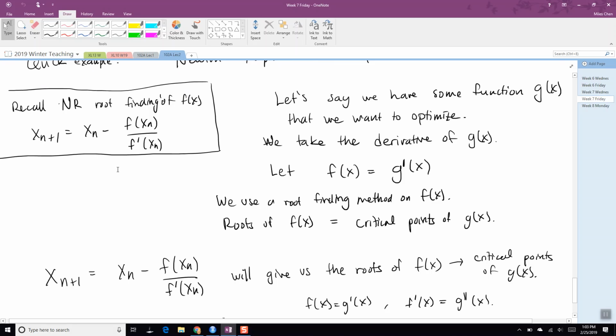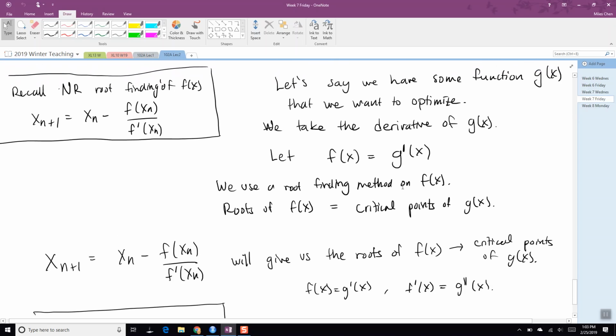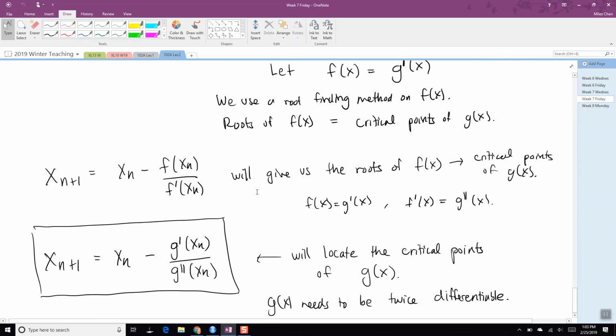If f of x is equal to g prime of x, we could rewrite the whole thing and subtract off g prime divided by g double prime. This should work towards finding a local min or local max or a saddle point of g.